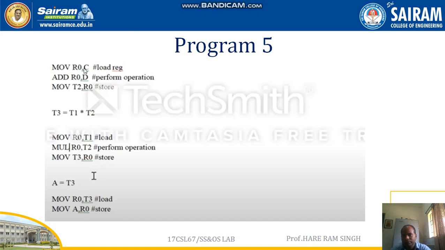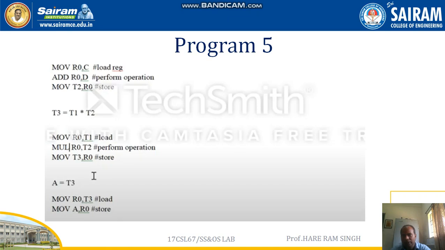So C and D are added, and the addition is stored in R0. Now we can move the content of R0 to the temporary variable T2, so T2 will contain the value of C + D.